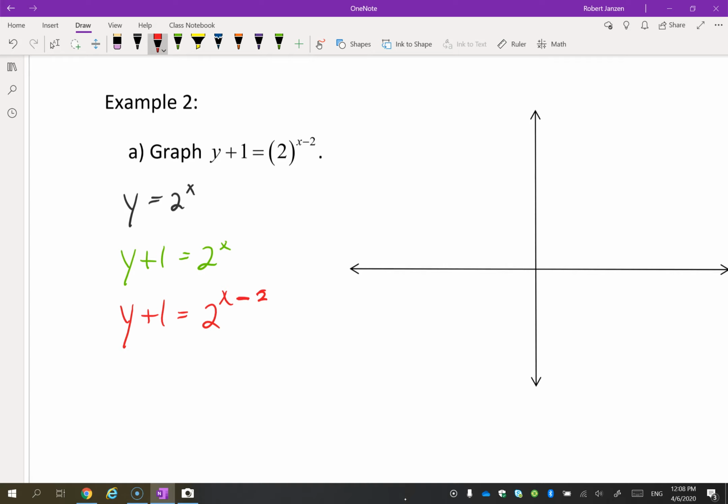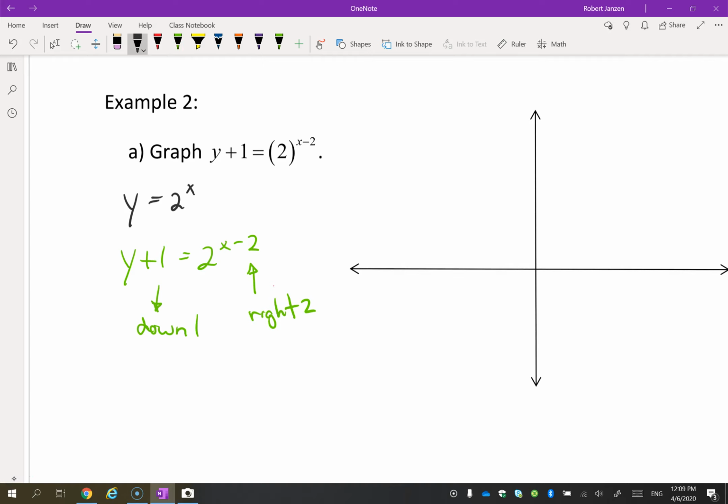What's this minus 2 going to do? Well, that's going to move it right 2. Now you can probably do this and this at the same time, so maybe we'll try that, since they're both just translations. Okay, so this is down 1, and this is right 2. Okay, try that.